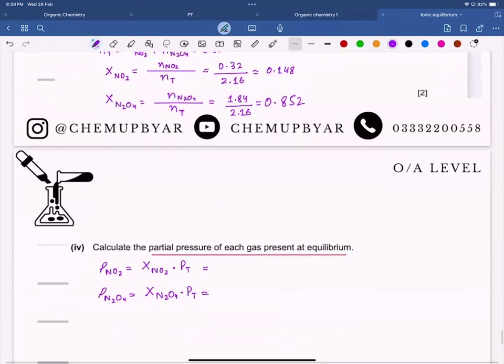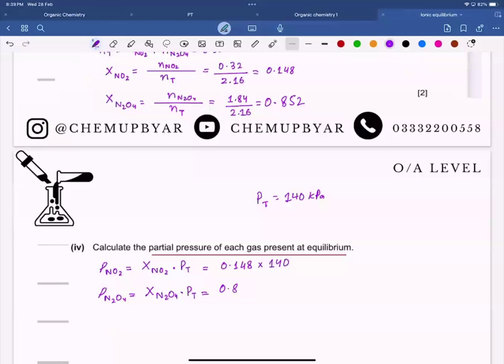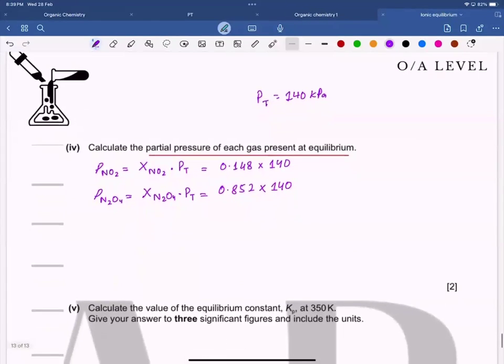So the mole fraction of NO2 is 0.148 times total pressure, PT. Total pressure is 140 kilopascals, right? So 140, and the mole fraction of N2O4 is 0.852 times 140. Is this clear to all of you? Yes, sir. Now please tell me the values. Sir, the first one is 20.72.